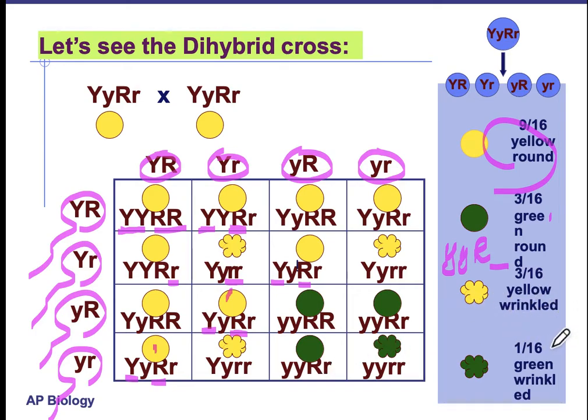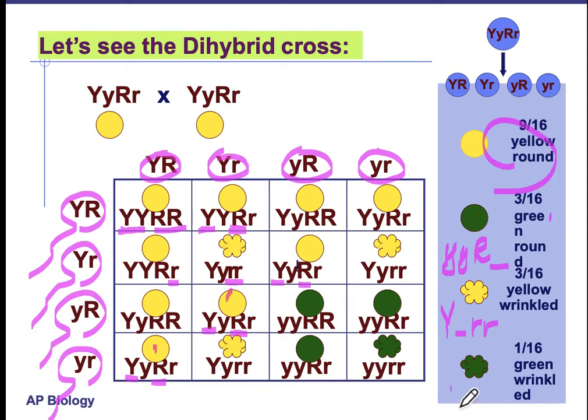For the yellow wrinkled, yellow is dominant, so we need to have at least one dominant yellow. The other allele doesn't make any difference at this point. And then we want it to be wrinkled, so it has to have 2 recessive R's to show wrinkled.